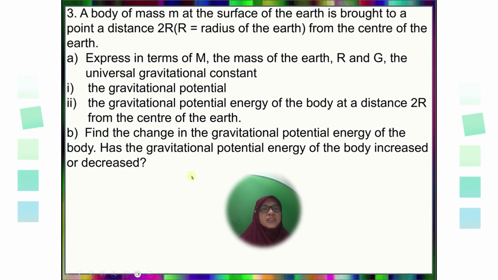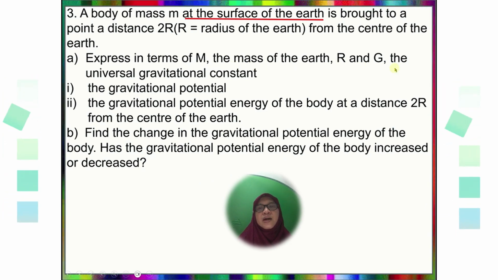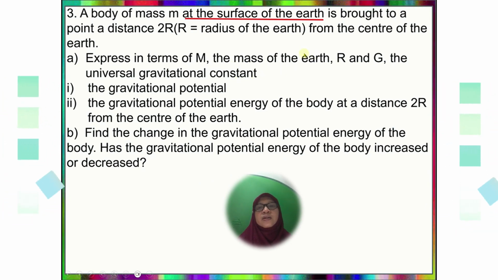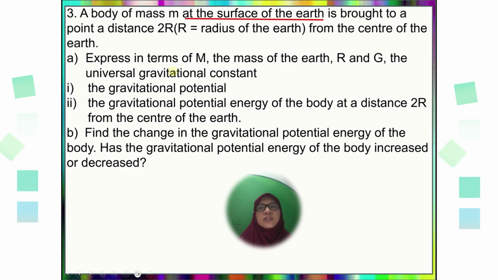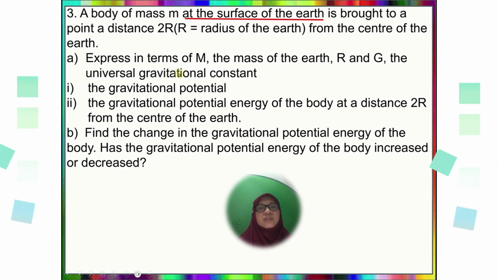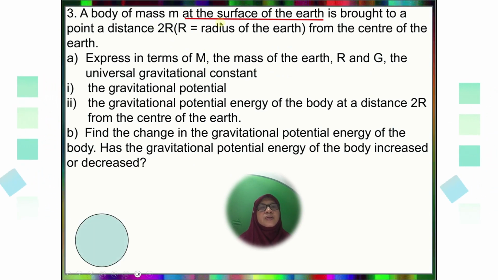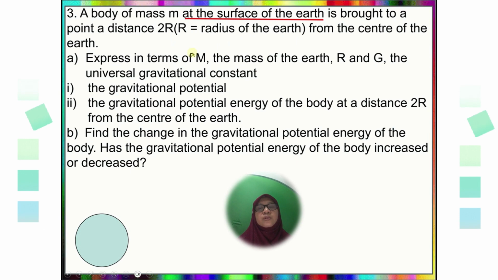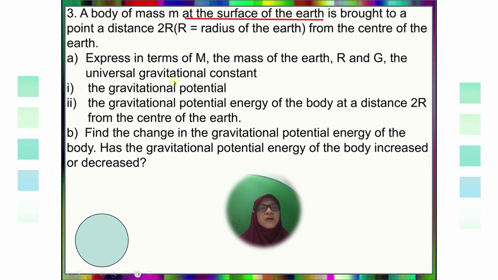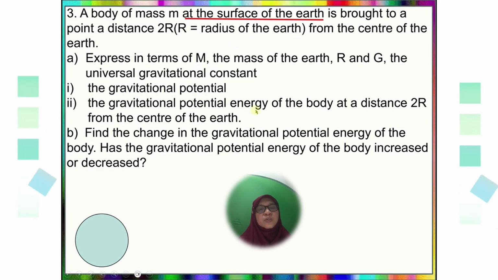So we do question A first. We are going to express in terms of M, R, and G, the universal gravitational constant, the gravitational potential and then the gravitational potential energy.